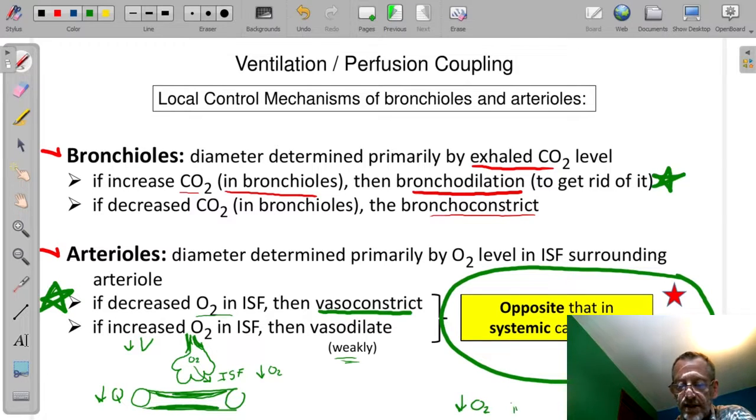Low O2 in tissues. Just the opposite. Here you want the blood vessels to dilate. So that will lead to vasodilation. Does that make sense? The muscles are running out of oxygen. O2 is low in the ISF. Dilate the blood vessels and more oxygen is delivered.